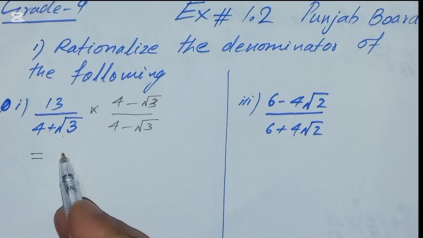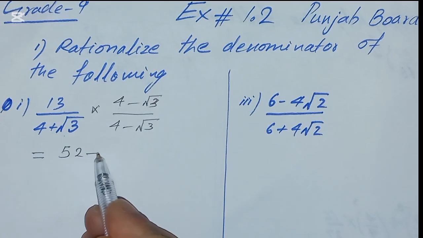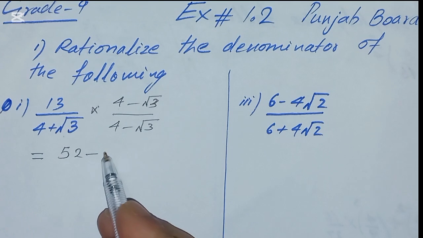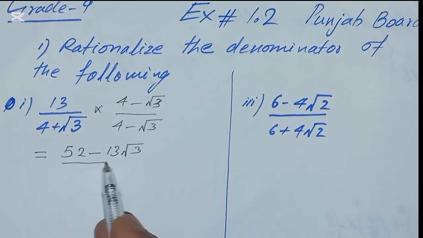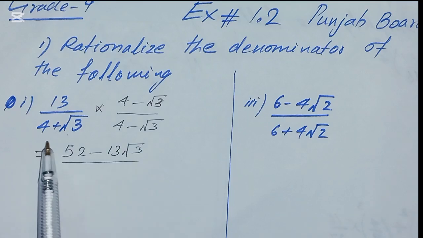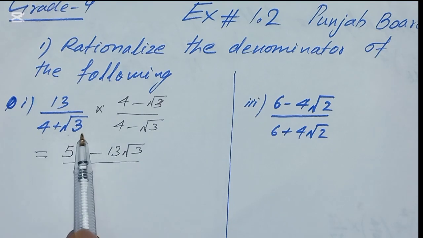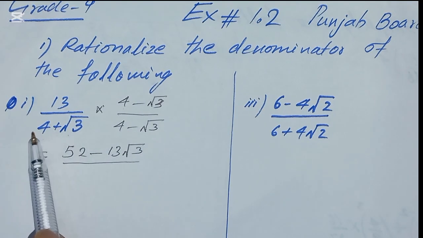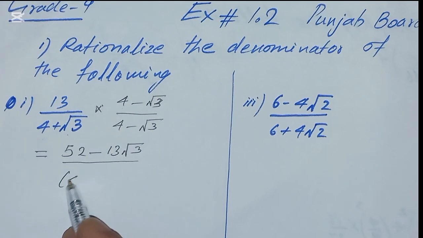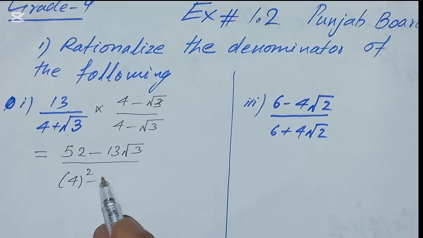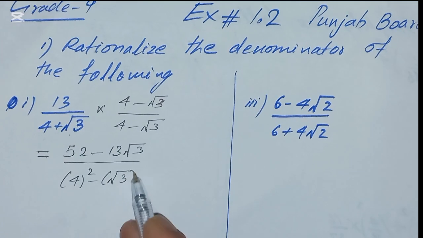13 fours are 52 and 13 into under root 3, 13 under root 3, and in denominator we use the formula (a plus b)(a minus b), first term plus second term, first term minus second term. This is equal to first term square minus second term square.